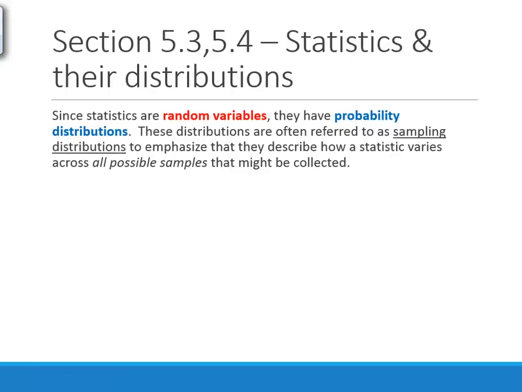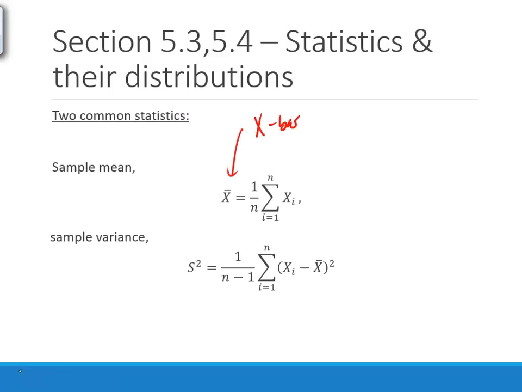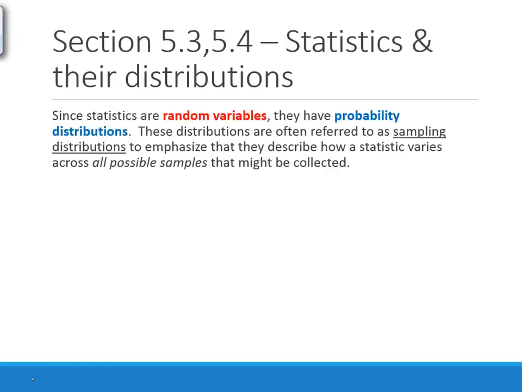But again, coming back to this idea, before I collect the data, this statistic, whatever it is that I'm looking at, is a random variable, right? So before my experiment, I have no idea what the xi's are going to be, x1 up to xn, and so I have no idea what the sample mean is going to be. So that's a random variable, and going with what we've seen before, a random variable has a probability distribution, right?